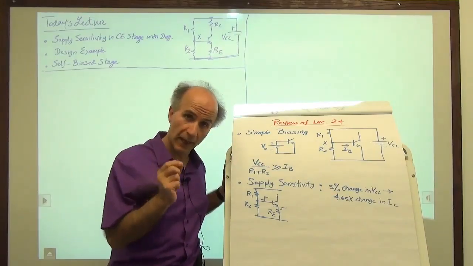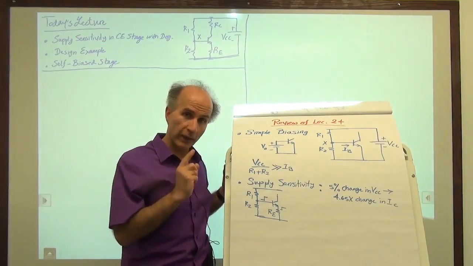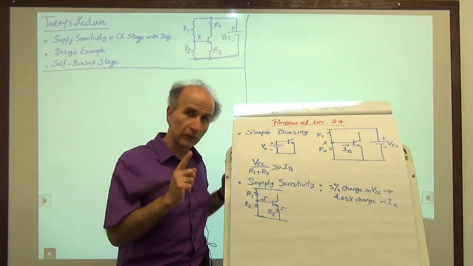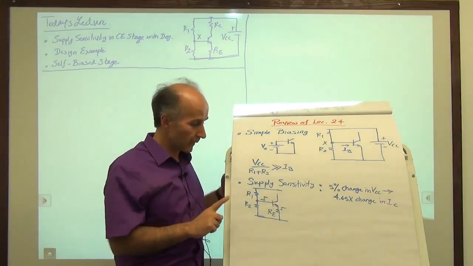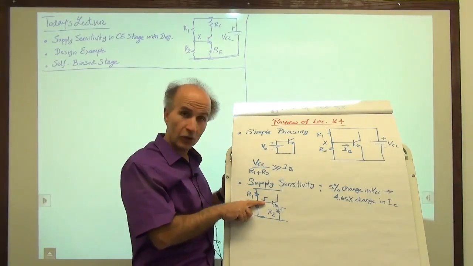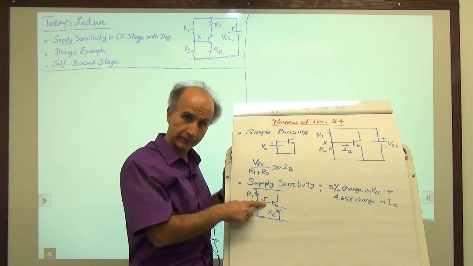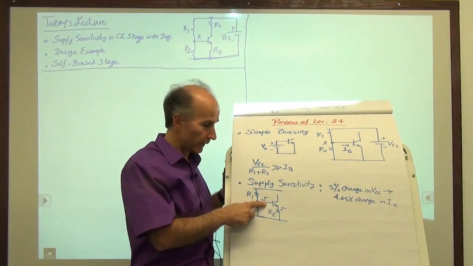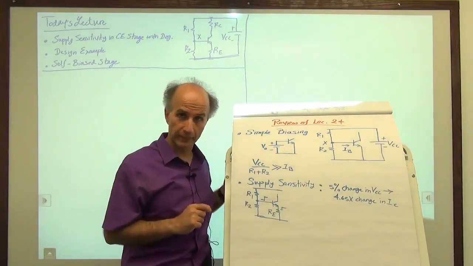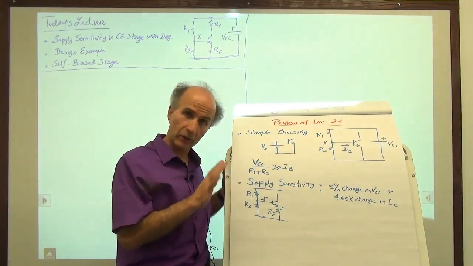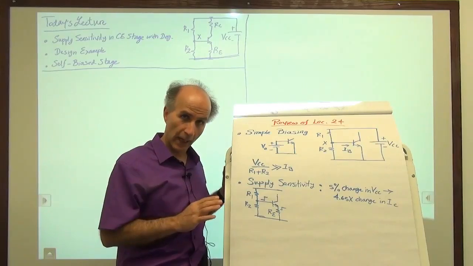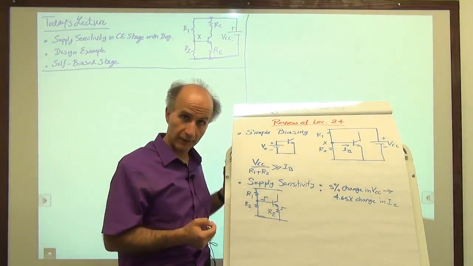Now, we had a clue last lecture as to why it should help, and the clue came from the observation that if the base voltage of this device goes up by some amount, then the emitter voltage also has to go up. Maybe not by the same amount, but to some extent. And we proved this by contradiction.